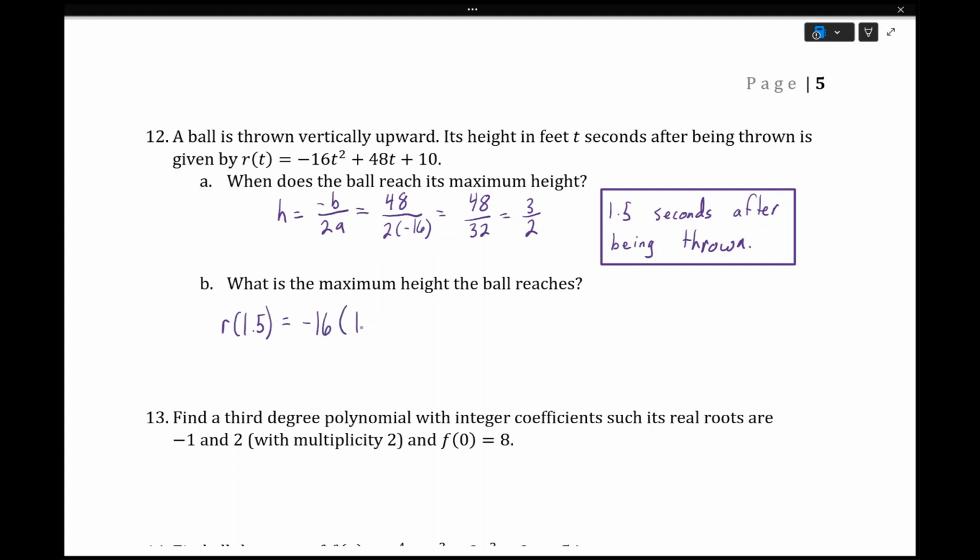So I have negative 16 times 1.5 squared plus 48 times 1.5 plus 10. So that gives me negative 16 times 2.25, because that's 1.5 squared. 48 times 1.5 is 72.